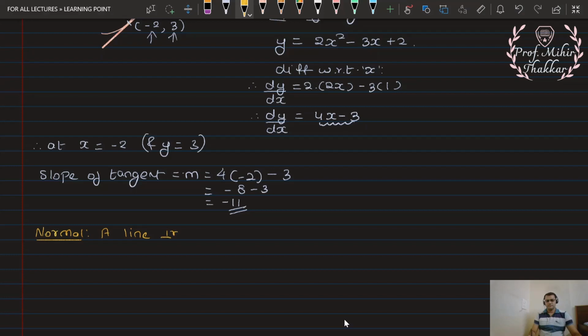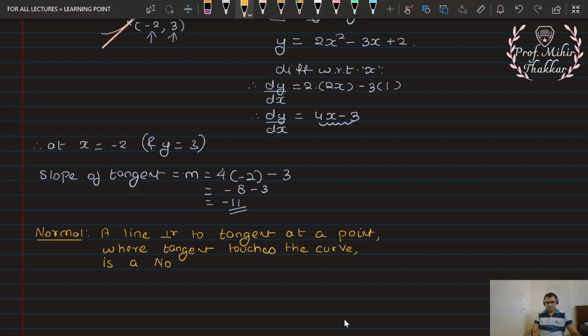A line perpendicular to the tangent at a point where the tangent touches the curve is a normal.